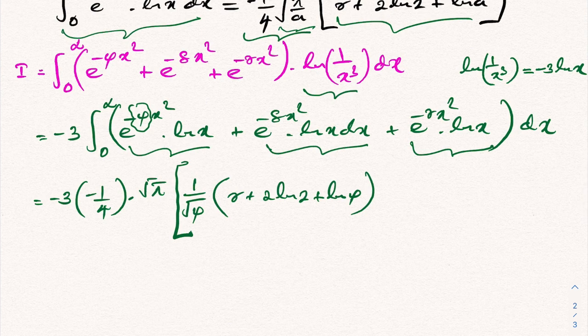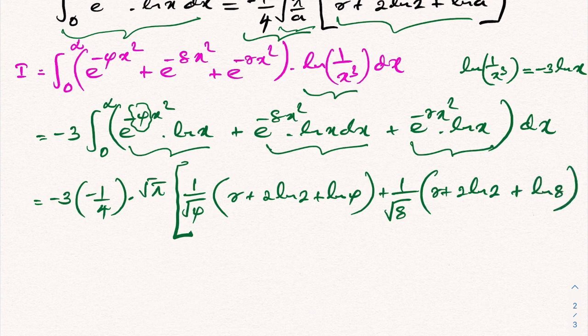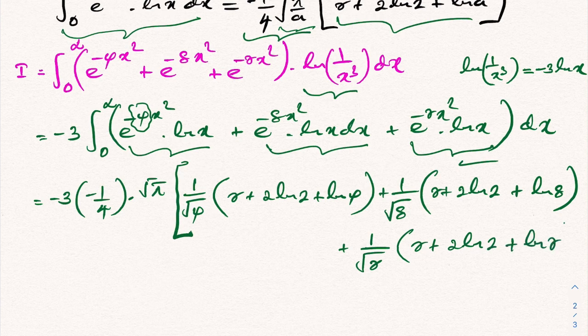Similarly we can write here 1 over square root of the silver ratio delta times gamma plus 2 times natural log of 2 plus natural log of delta. Then for this integral we have plus 1 over square root of gamma, we know Euler-Mascheroni constant, times gamma plus 2 times natural log of 2 plus natural log of gamma.